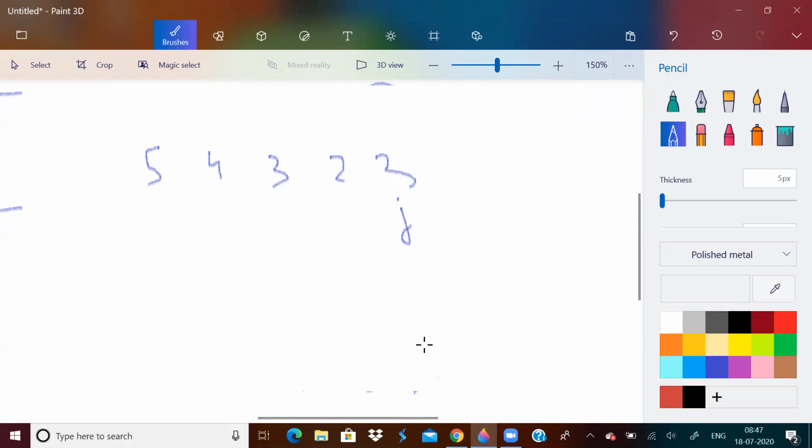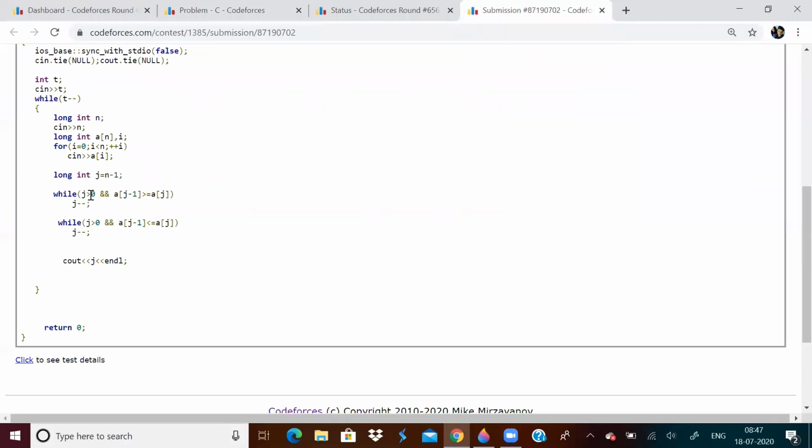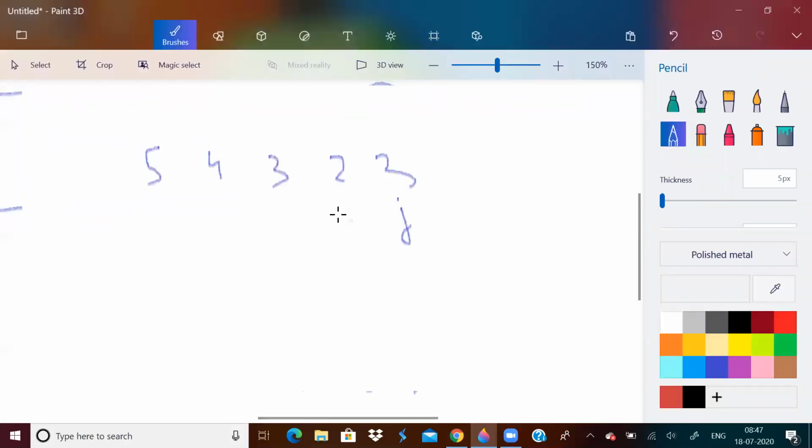Now in this while loop, A of j minus 1 is less than A of j. Yes, so j will come here. We are checking these two now. Is this element less than this? No, so it will break out. So these three elements are removed.